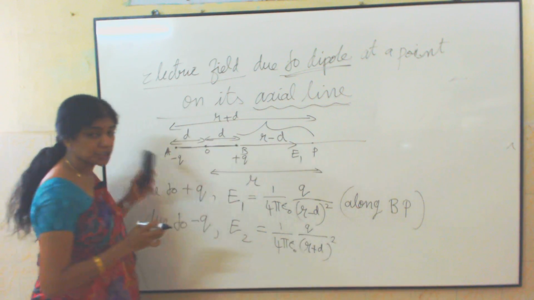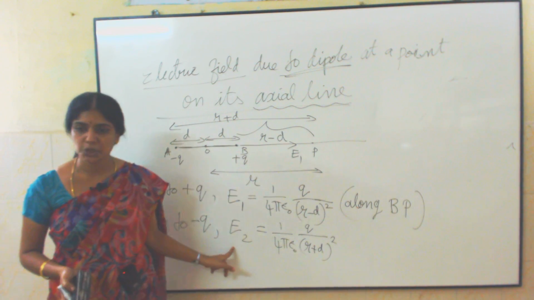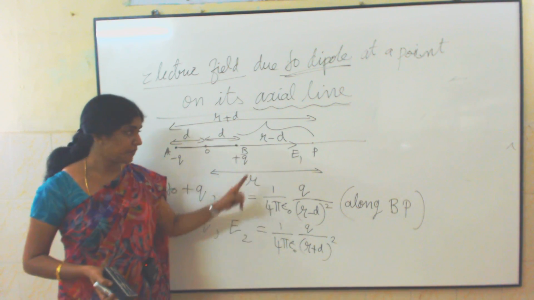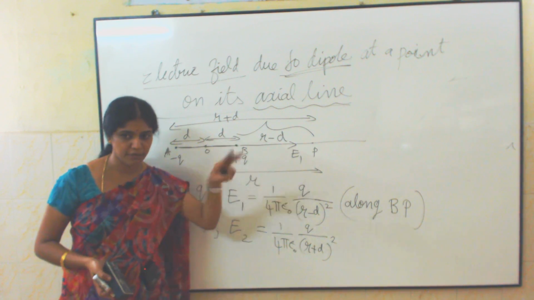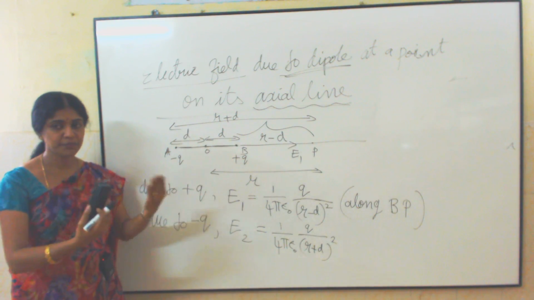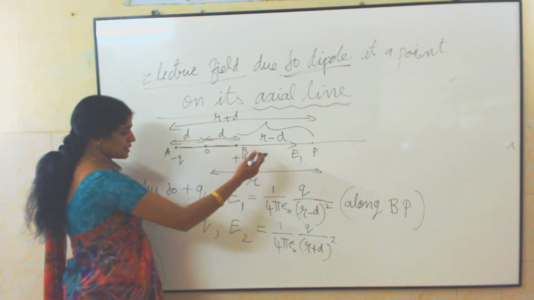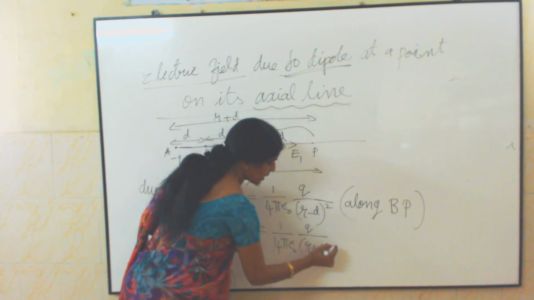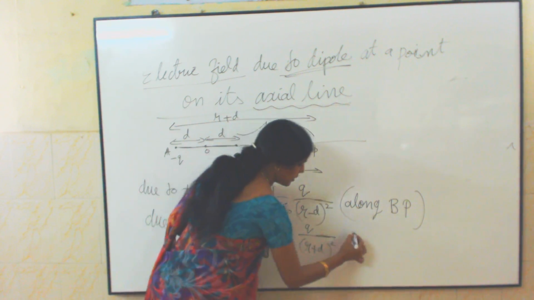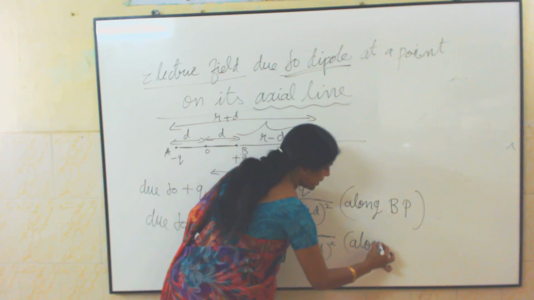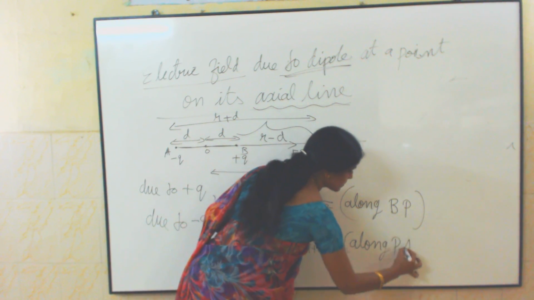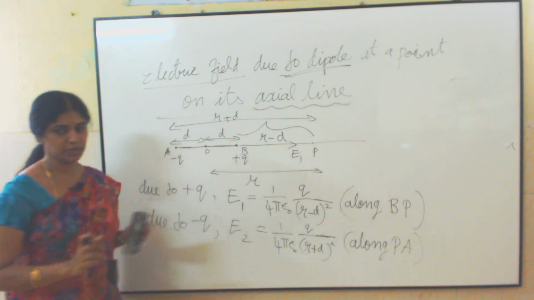Can you say the direction in which this electric field E2 is acting? If it is a positive charge, it is pointing away. If it is a negative charge, it will be pointing towards it. So, I can write that this electric field will be acting along PA. This will be the direction of the electric field.